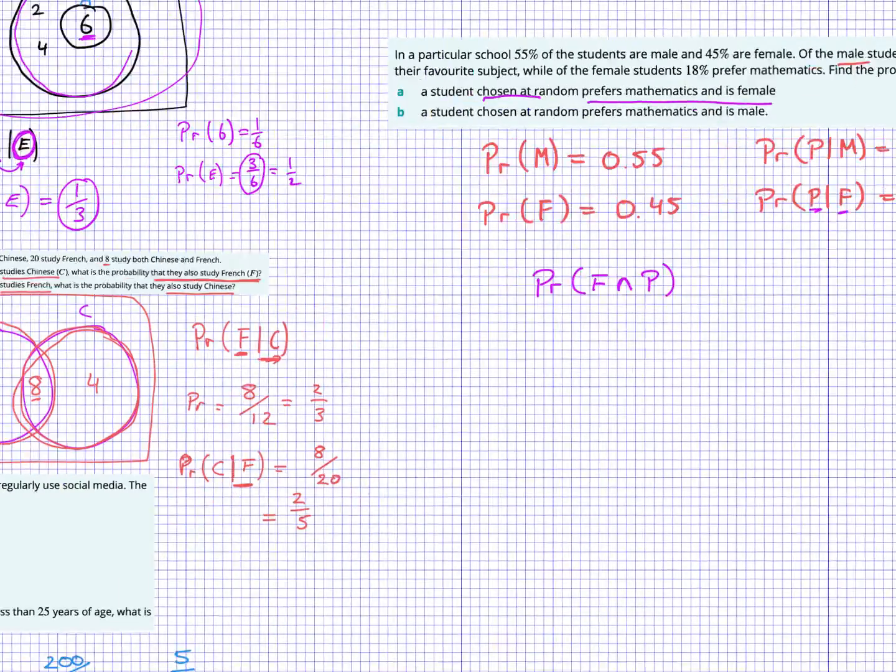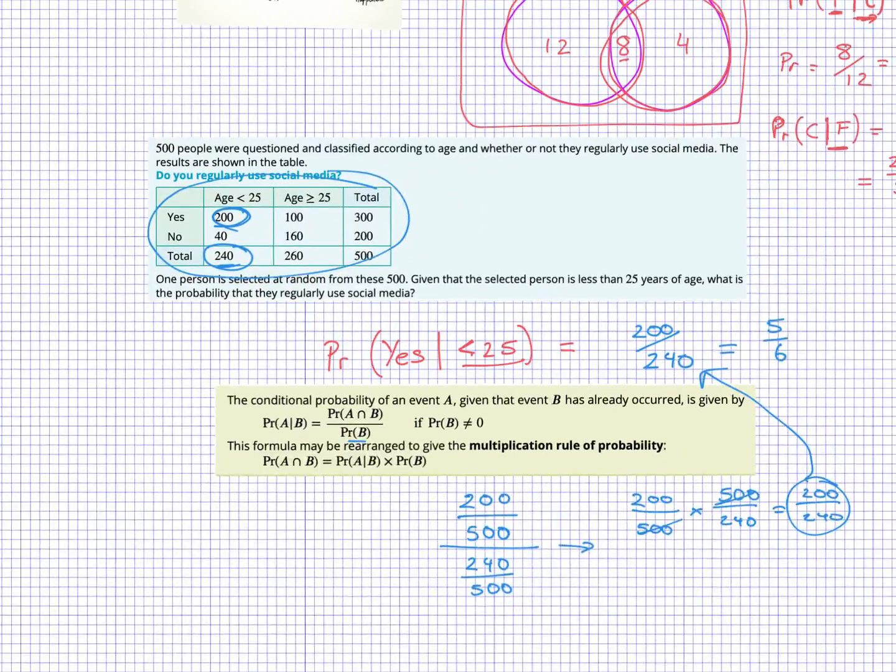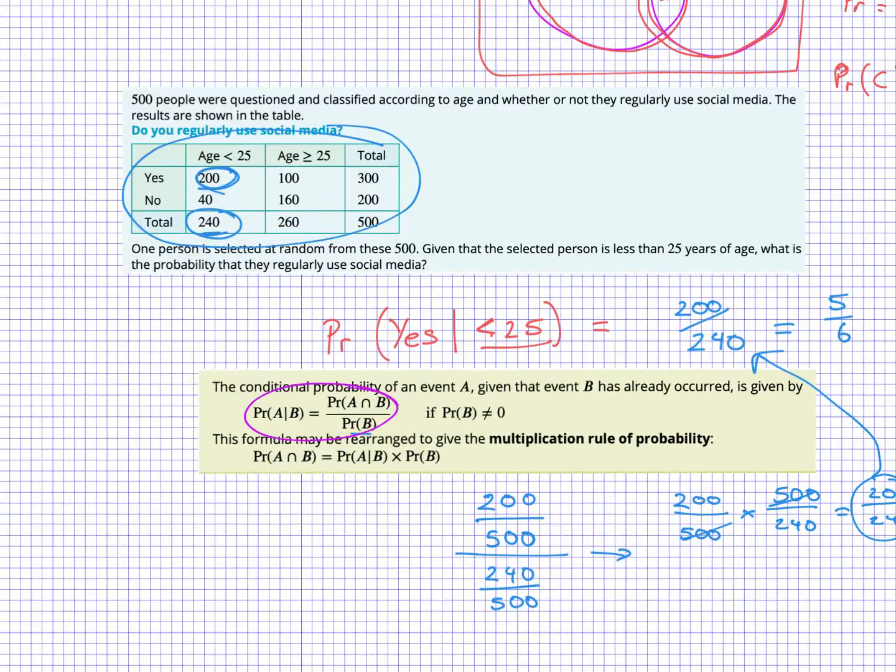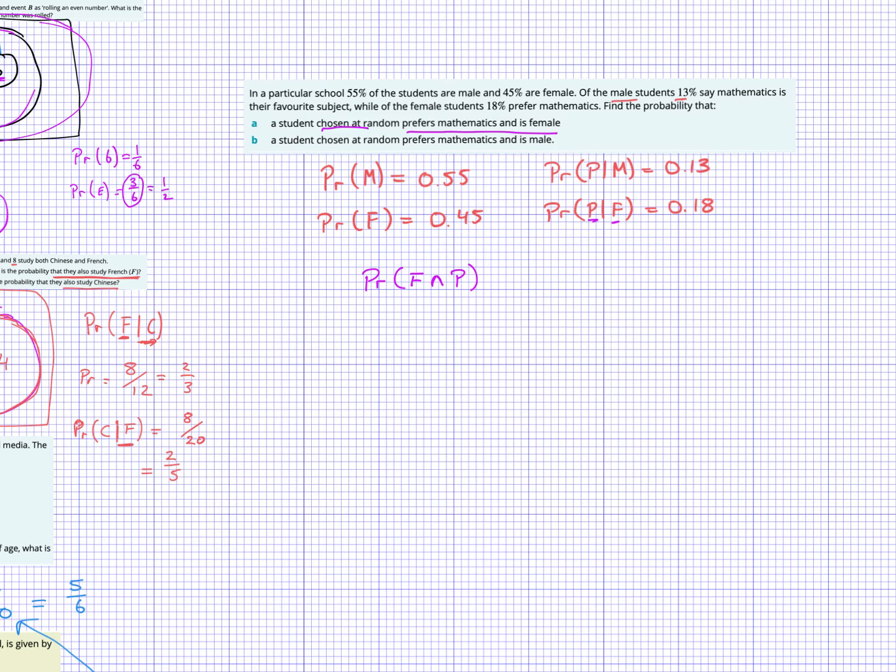So this is where we can flip back to our little formula, which is this one. I know I want to find the intersection, and I'm given this and this, so I combine them like so. P given F equals P(F intersection P) over P(F). Now just plug in the parts that I do know. So I have 0.18 equals P(F intersection P) over 0.45.